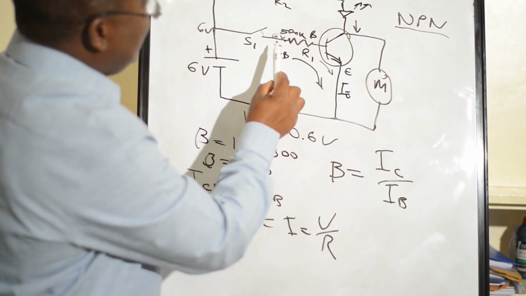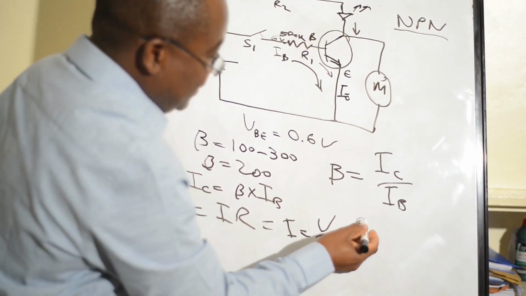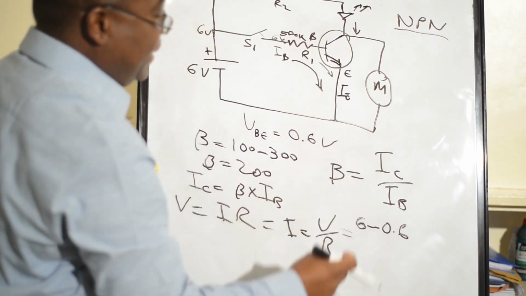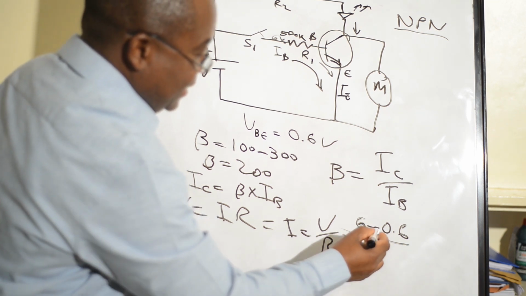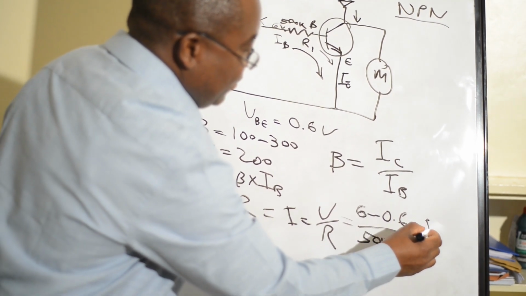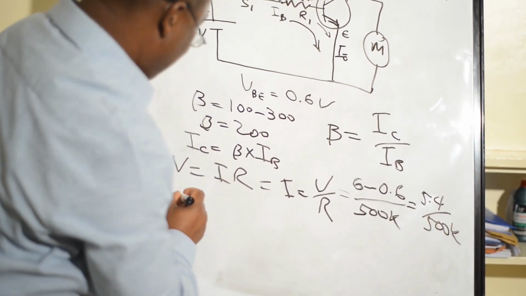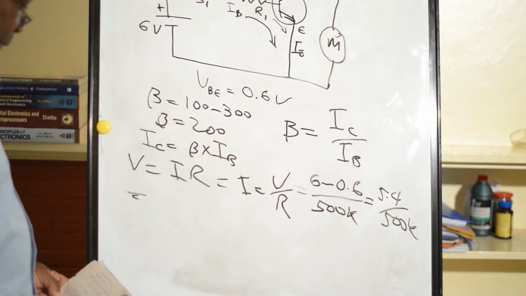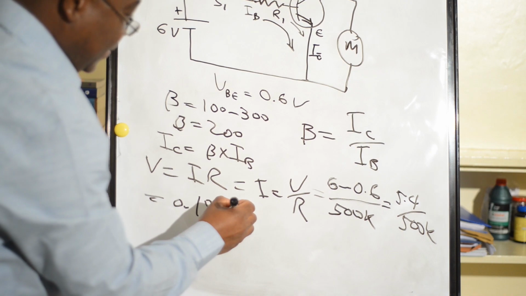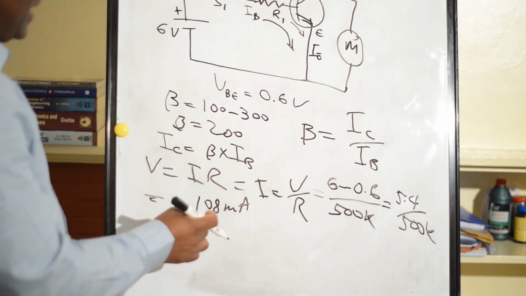So the voltage drop in the resistor will be 6 volts minus 0.6, over the resistor, which is 500K. Here we have 5.4 over 500K, which will be equal to 0.108 milliampere, because we divide by kilo ohms. So this is our IB.